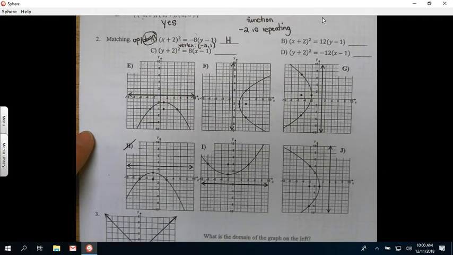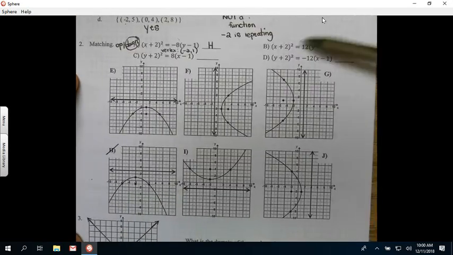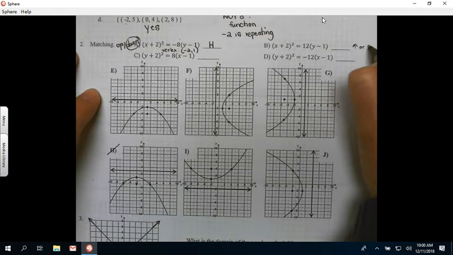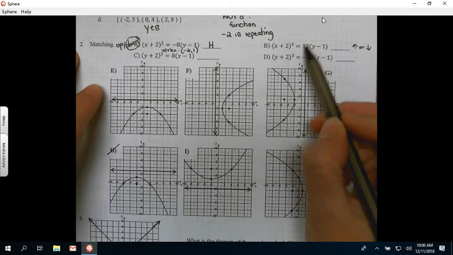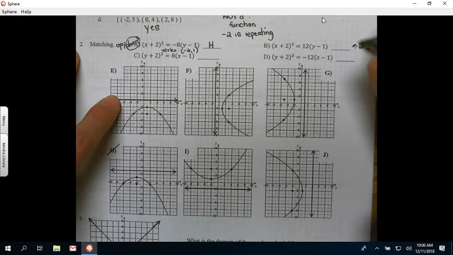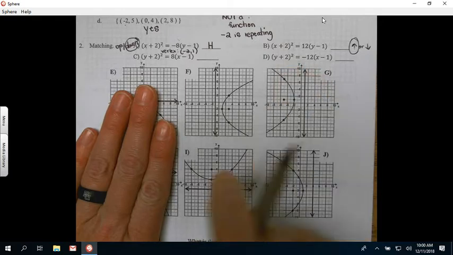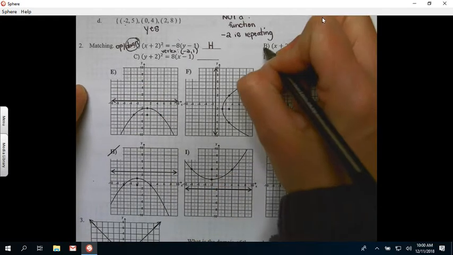And that's H. Okay. If I look over here at B, again, the squared is on my x term, so it's either an up or down. This time I'm going to look at the number in front of my parentheses, and it is positive, so I know it's opening up. Well, lucky for us, we only have 1 that is opening up, so it is I.